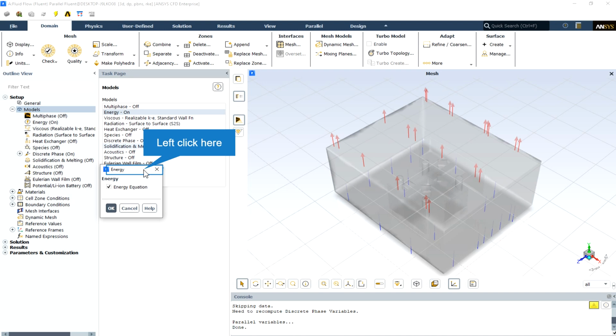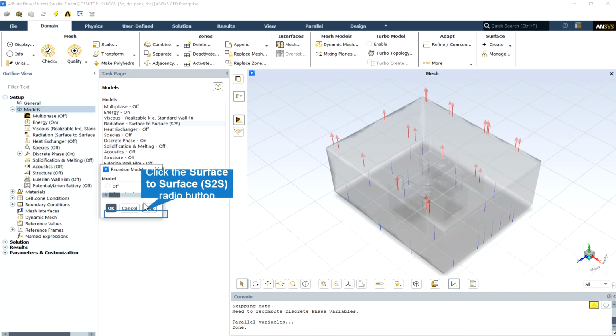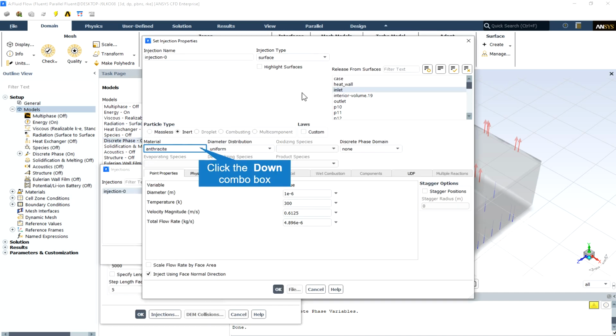As we are going to simulate the heat transfer phenomena in this CFD simulation, it is obvious that the energy equation should be activated. In this model, due to the presence of radiant heat transfer between the surfaces inside the office, the radiation model is defined as the S2S model. The material of the discrete phase has been identified as anthracite, that is somehow equal to sand and dust particles.